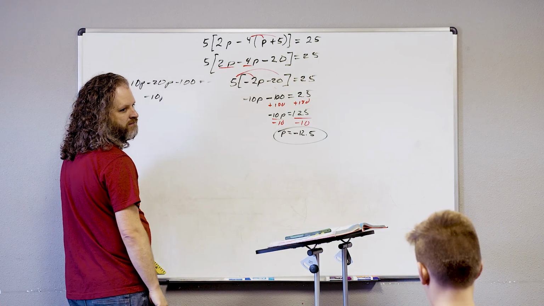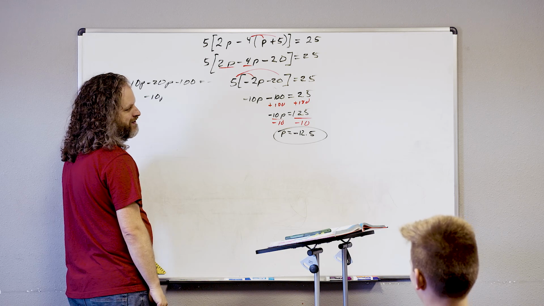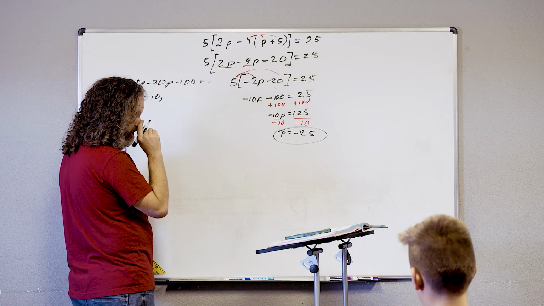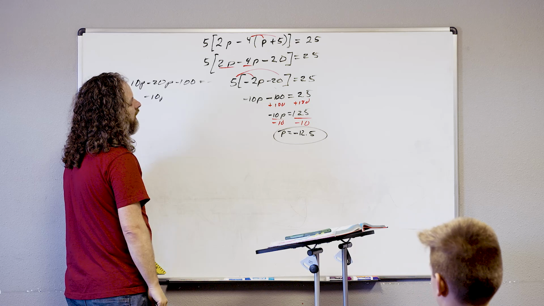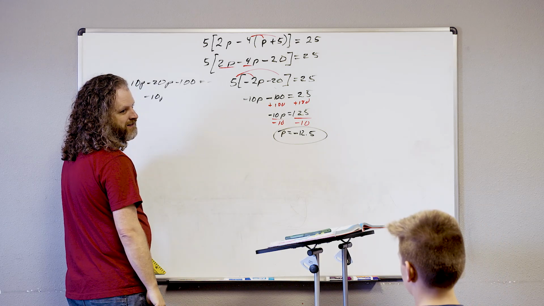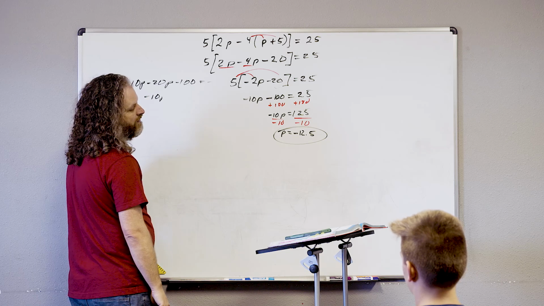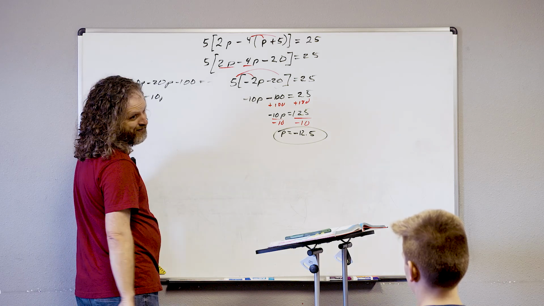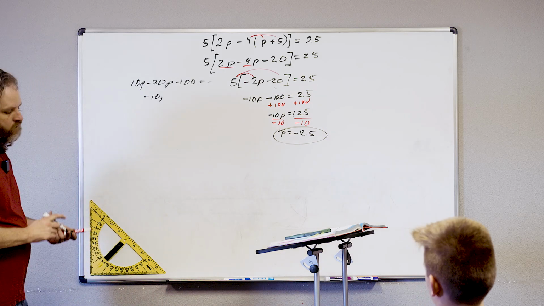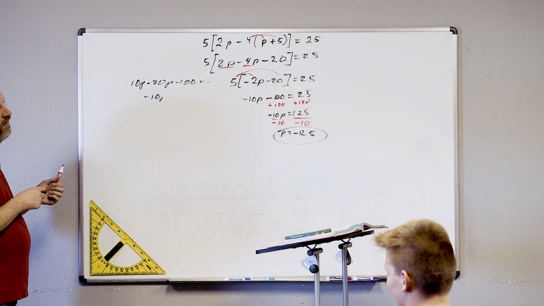I got 4 and 1/6. Wait, 1/6 is a fraction version of that? No, it's not. That's a half. So you did something else wrong as well. I don't know what you did.